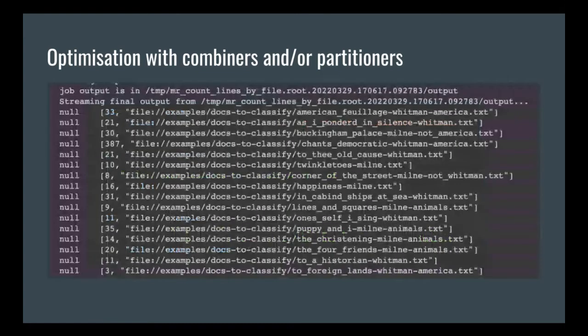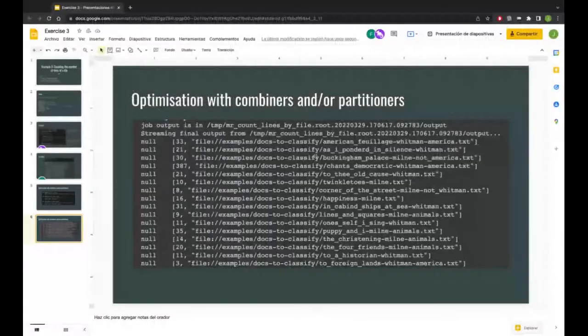And here is the output. We have the key as null and the value as a tuple.